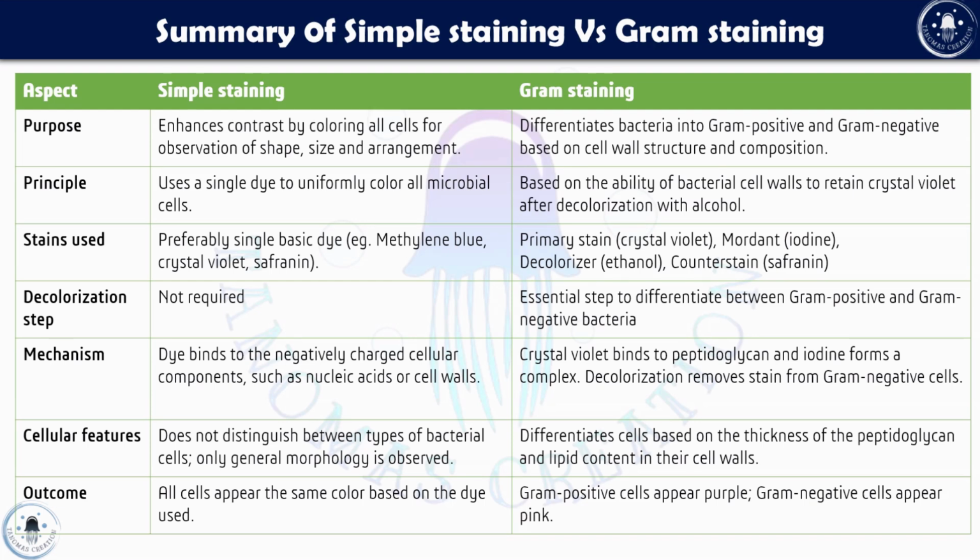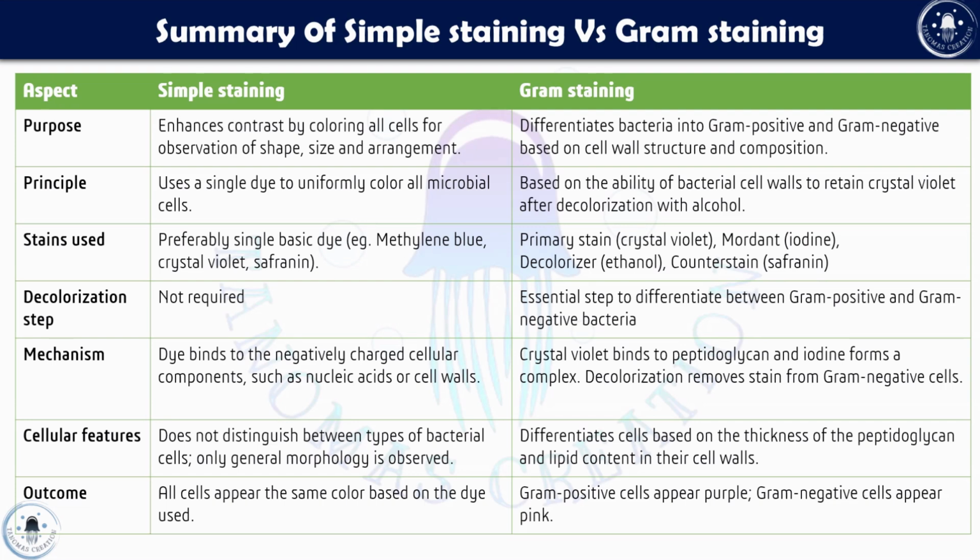Now the stains used in simple staining are mostly basic dyes, basic or positively charged dyes like methylene blue, crystal violet, safranin. These are single basic dyes, so only a single type of dye is used in simple staining, whereas in gram staining, more than one type of dye is used. Here we can see there is a primary stain, a mordant, a decolorizer, and a counterstain.